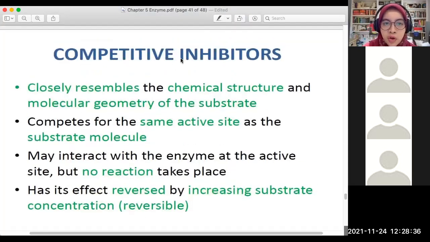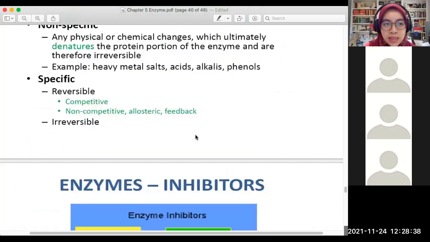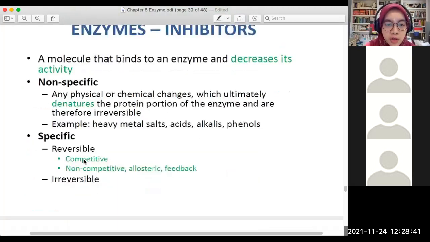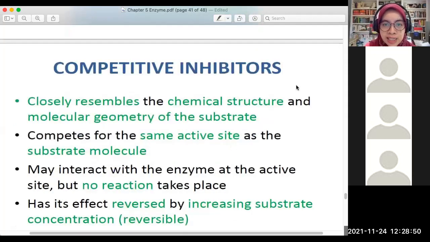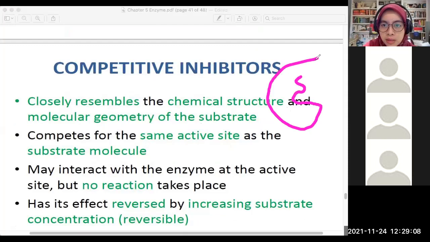So under specific we have the competitive inhibitor. Competitive means the inhibitor will compete with something. Who will this inhibitor compete with? It will compete with the substrate. This inhibitor usually resembles the chemical structure and also the molecular geometry of the substrate. Again, this is the structure of the enzyme.